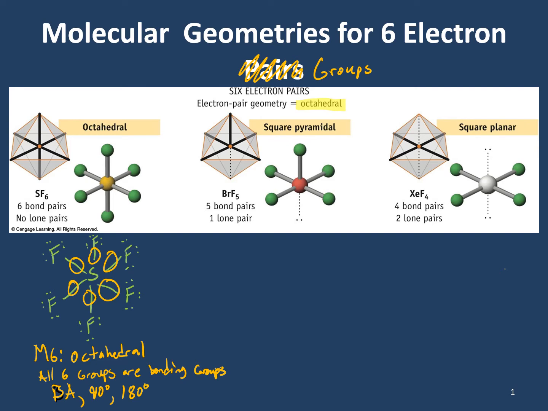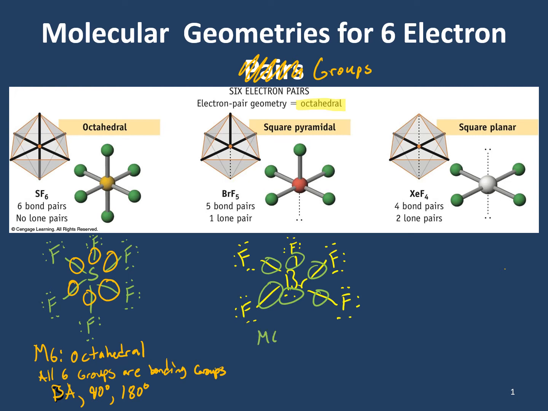Now, if we look at another example, let's say BrF5, if we draw that Lewis structure, it looks pretty similar to the octahedral, except we're missing one of our bonds, and the one bond that we're missing is now a lone pair. We still have a total of 6 groups, 1, 2, 3, 4, 5, 6, but one of them is a lone pair, so our molecular geometry changes.